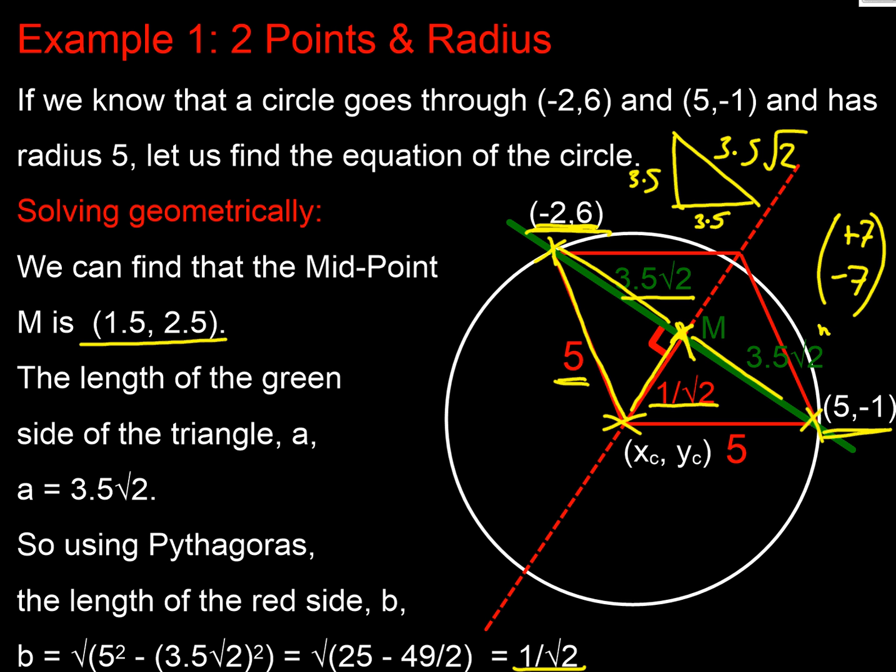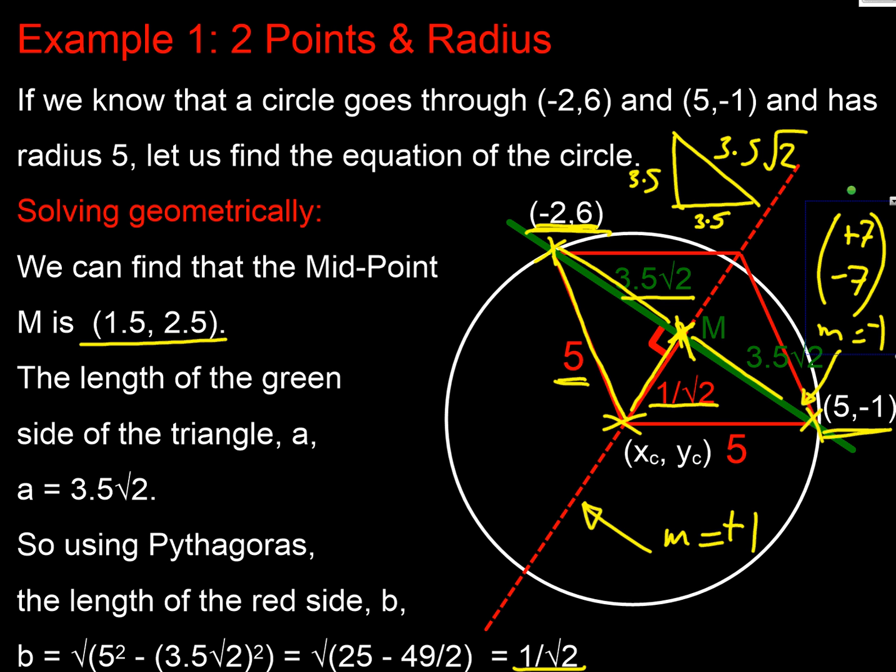So here we've got a gradient of -1, haven't we? Okay, for the green line here for the chord. Therefore, if we're looking at the line bisector, well, we know it goes through this midpoint, and now we can find a vector for it, and the gradient of that is therefore going to be +1, because it's perpendicular to the green line, isn't it?